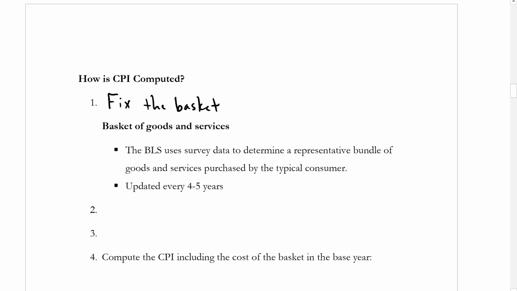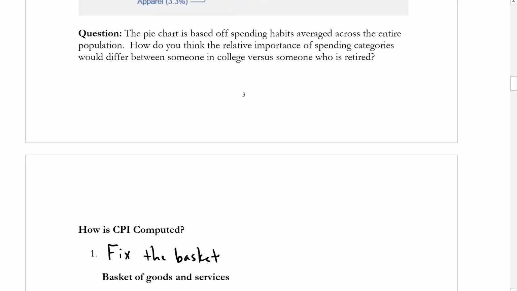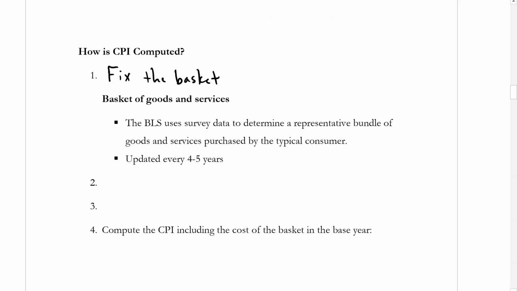So let's fix it with a gallon of milk, a carton of eggs, some carrots, and some tortilla chips. And that's the basket that you're looking at. You want to calculate the inflation rate for that bundle of goods. So in this case, for the whole economy, that basket of goods includes everything up in a chart like this. And depending on consumer behavior, this is going to be updated from time to time.